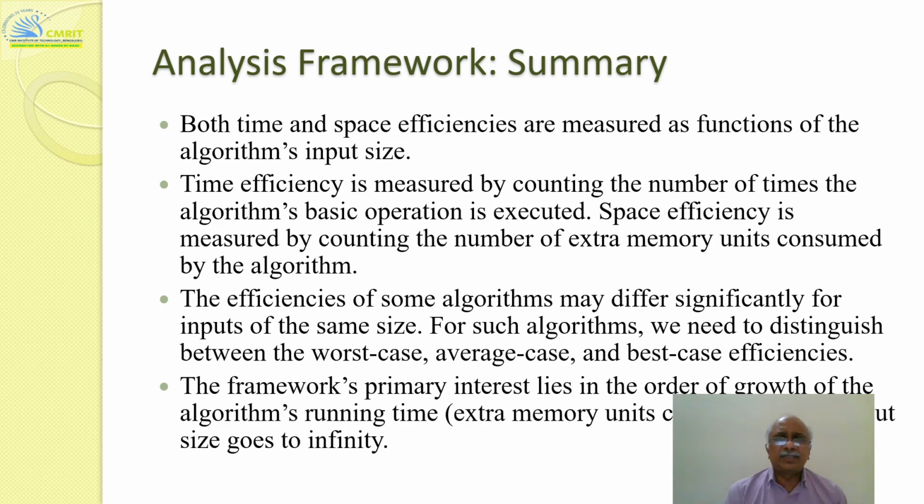Space efficiency is measured by counting the number of extra memory units consumed by the algorithm. The efficiencies of some algorithms may differ significantly for inputs of the same size, depending on the configuration of the input. For such algorithms, we need to distinguish between the worst case, average case, and best case efficiencies.